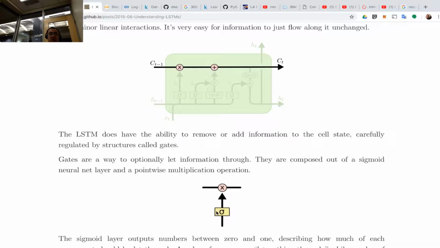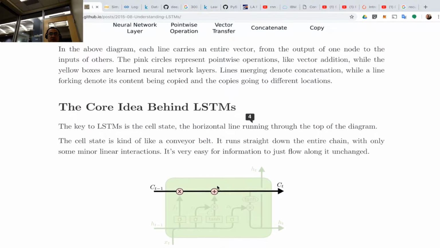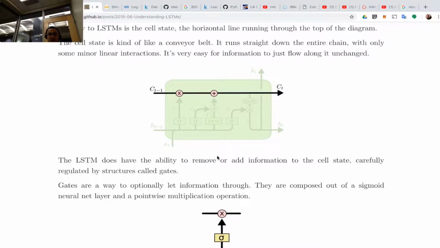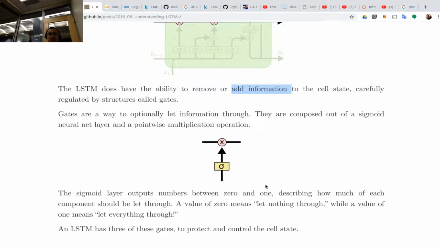So how many gates do we have? It's always composed of a sigmoid plus pointwise multiplication. So this is a gate, and then this is a gate. The function of that is to remove or add information. How does that work?